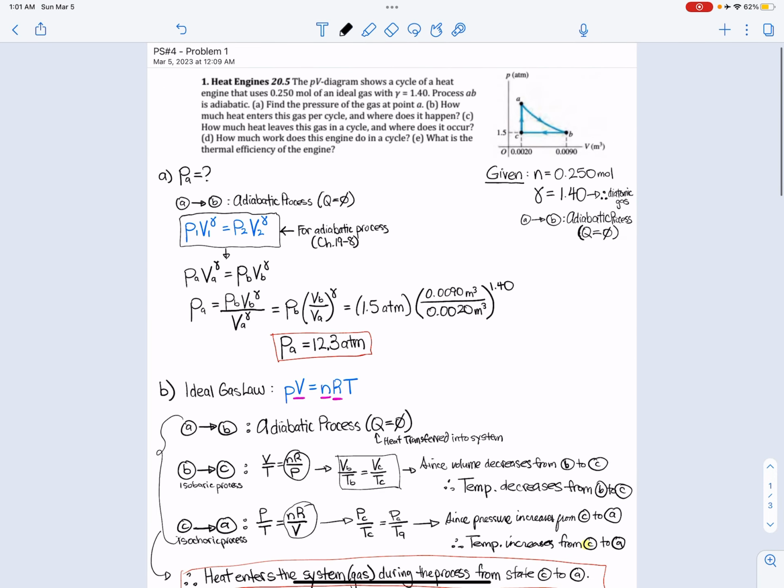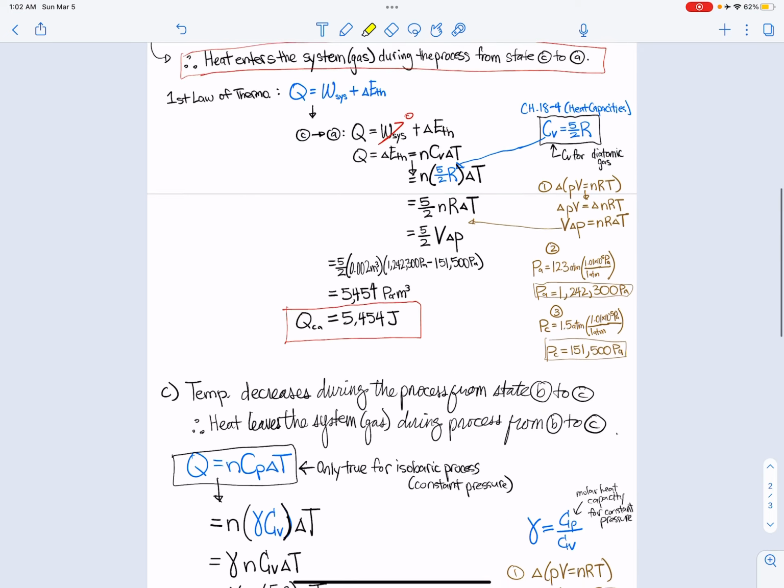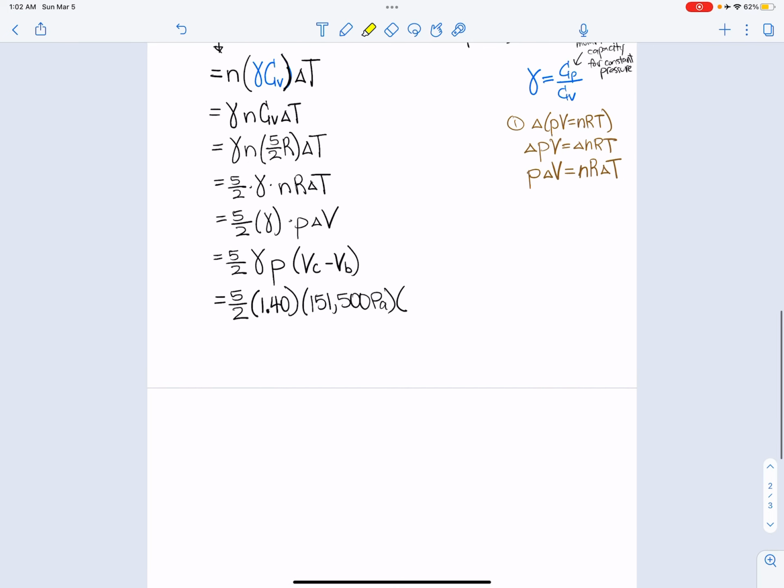According to the PV diagram, volume at C is 0.009. Sorry, no, the volume at C is 0.002 cubic meters, and the volume at B is 0.009 cubic meters. So I'll just plug those in. The volume at C is 0.002 cubic meters minus volume at B, which is 0.009 cubic meters.